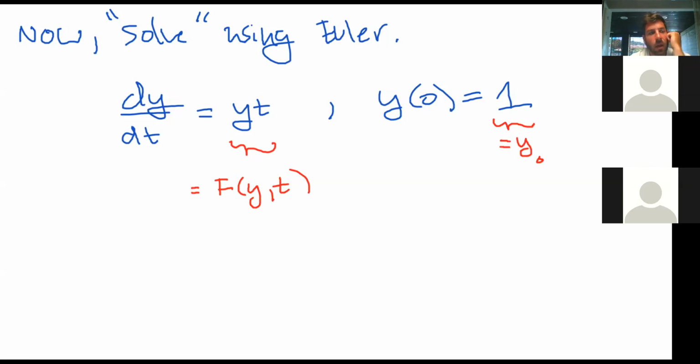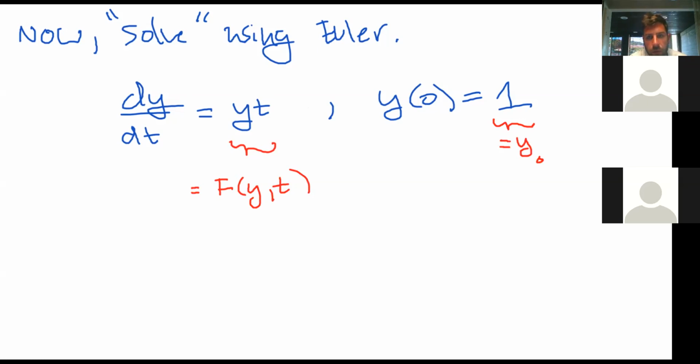Again, the first thing you need to do is recognize what your function is. In this case, I'm calling it f of y comma t because it depends on y and on t. Okay, so what do we have to do first?